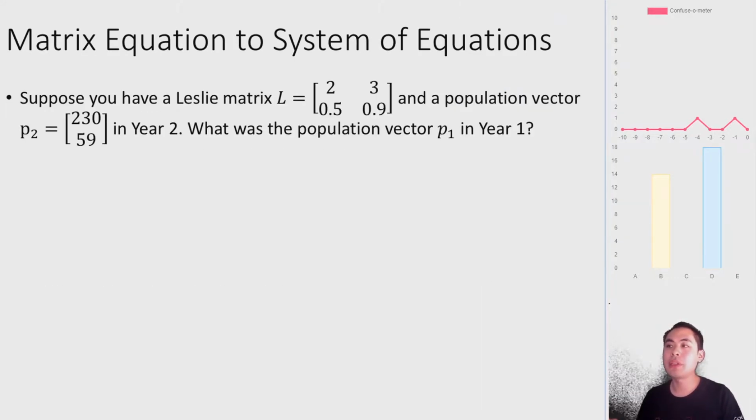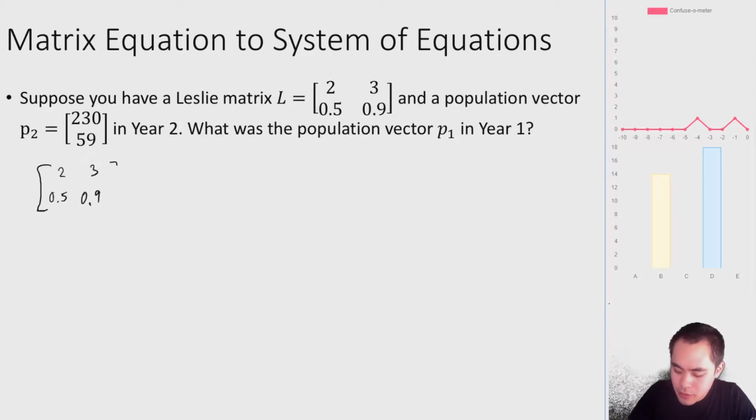But one thing you can do is turn it into a system of equations, right? So what we had here was our Leslie matrix times a population vector. So 2, 3, 0.5, 0.9. We don't know what this is, so we're going to just give it variables. So when you don't know what the answer is, you just give it some variable names.